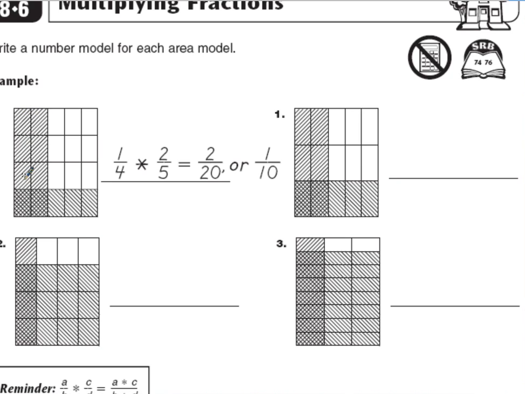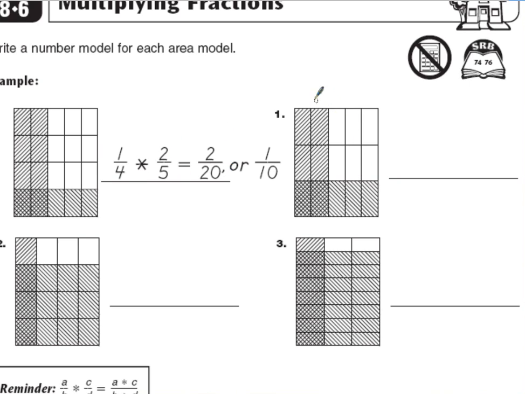Well, we could say we had 1, 2, 3, 4, 5 sections, and out of those sections, 2/5 is represented here, and we had 1, 2, 3, 4 sections, and one of them filled in, so 1/4. 1/4 times 2/5 equals 2/20.